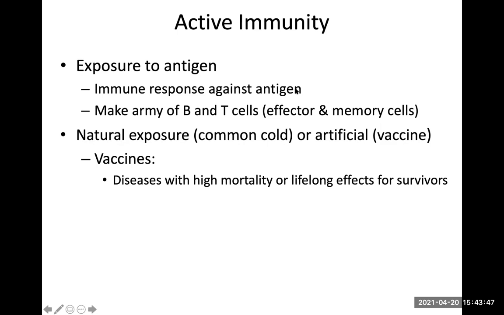So survivors will have lifelong complications that are devastating. So it can be both, it could be either or, but that's how we choose what to try to make a vaccine against. Of course, there's lots of diseases that we've tried to make vaccines against and have failed. So we would have more vaccines than we currently have. It's not always doable.